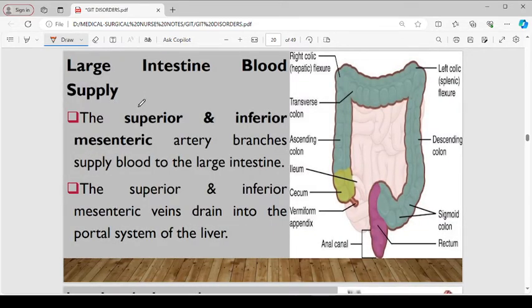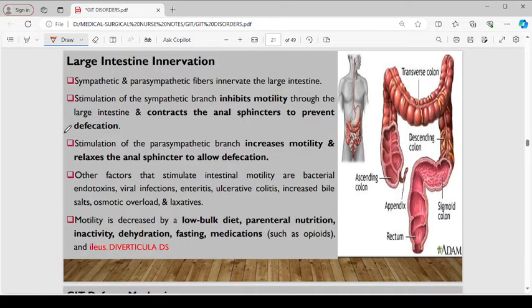What about the blood supply and innervation? We have the superior and inferior mesenteric artery branches which supply the large intestines. Equally, we have superior and inferior mesenteric veins which will drain into the portal system of the liver.